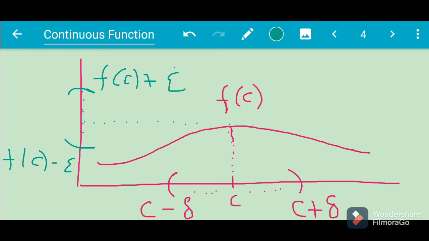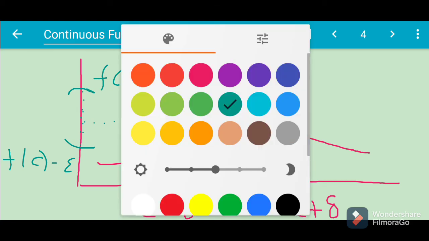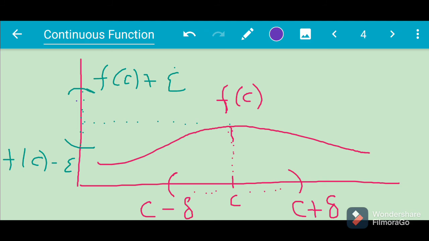If this is true for every epsilon, it means I can reduce this interval as small as I want, the difference between the exact value and the neighboring values as small as I wish.